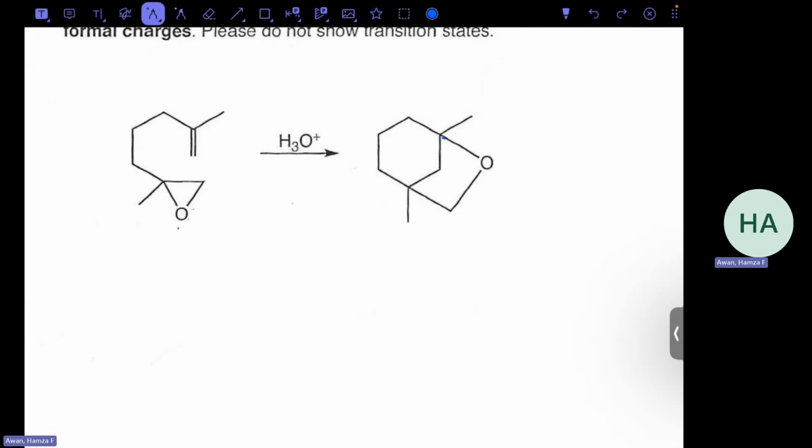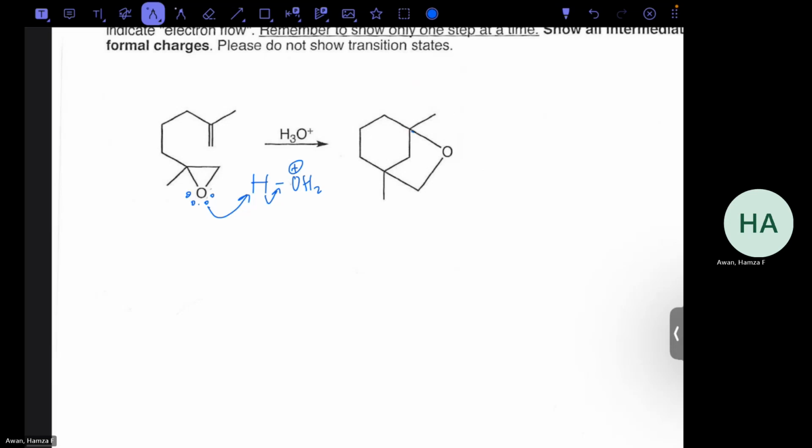So to do that, first step we would need to do is notice that this oxygen has 2 lone pairs, and those lone pairs love to attack hydrogens. Because we have an acidic solution, H-OH2 with the plus charge, we want to draw that arrow attacking that hydrogen, and then that hydrogen cleaving its bond with that OH2, right?